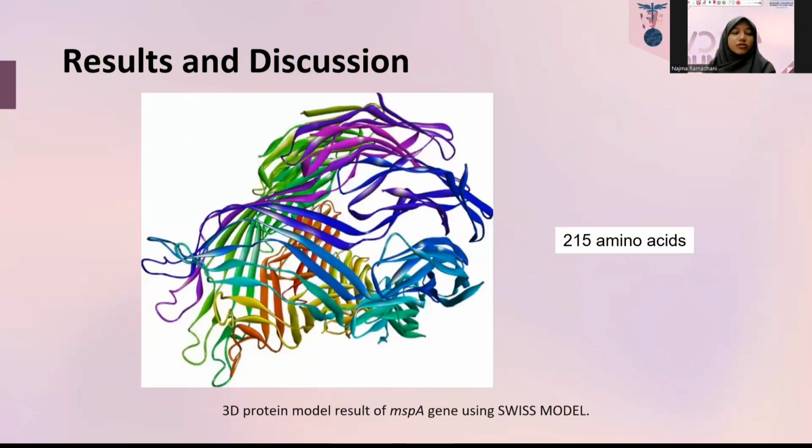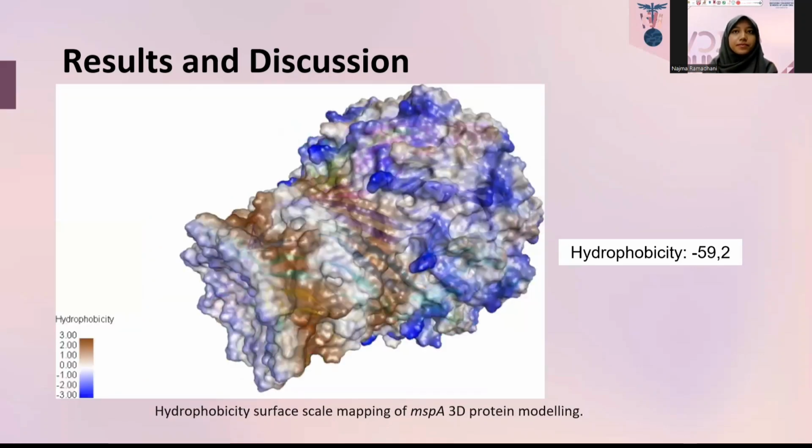This figure shows the 3D protein model result of the MSPA gene using Swiss-Model, visualized as an arrangement of alpha helix, beta sheets, and loops. This protein structure consists of 215 amino acids. This figure visualizes the hydrophobicity map with hydrophobicity values of minus 59.2.